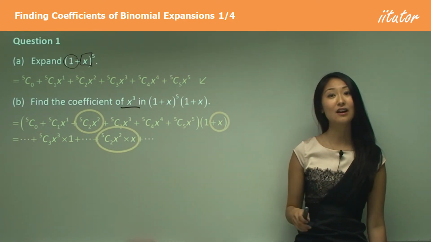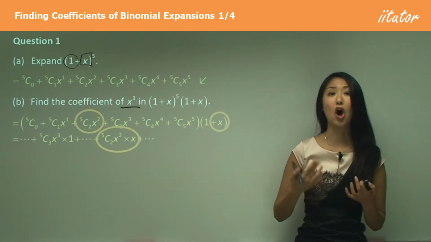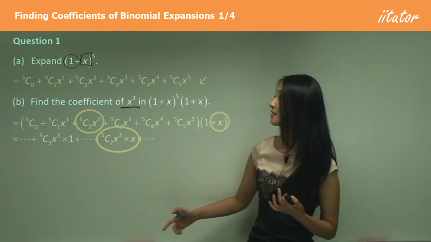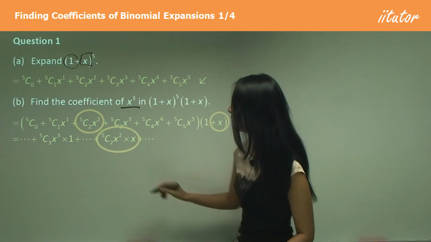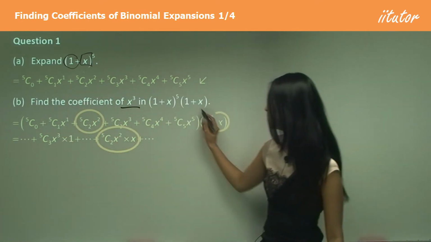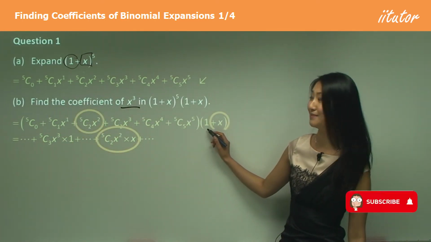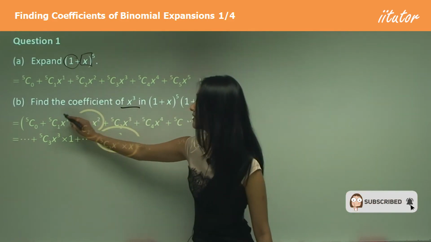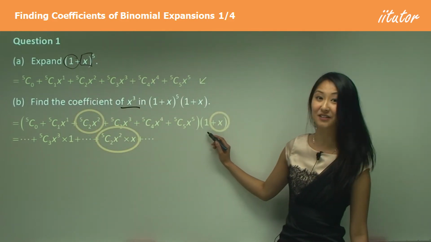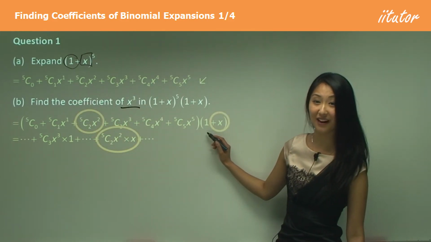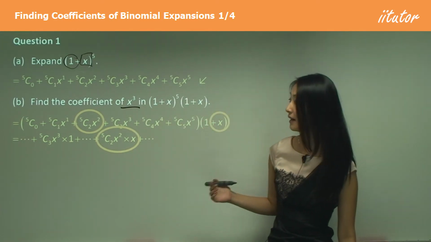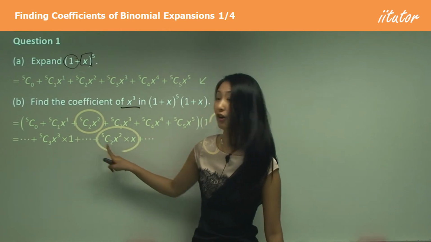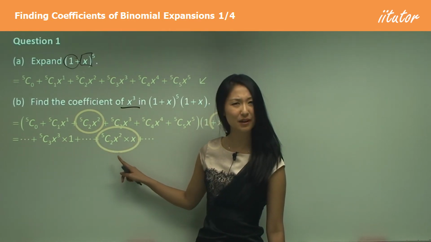Now you can see that only the combination of those terms is going to give me x to the power of 3, because when you look at 5C0 times 1, that's not going to give me x to the power of 3. x to the power of 1 times 1, that's not going to give me that as well, right? So none of those other ones is going to give you x to the power of 3 except for the combination of those two.